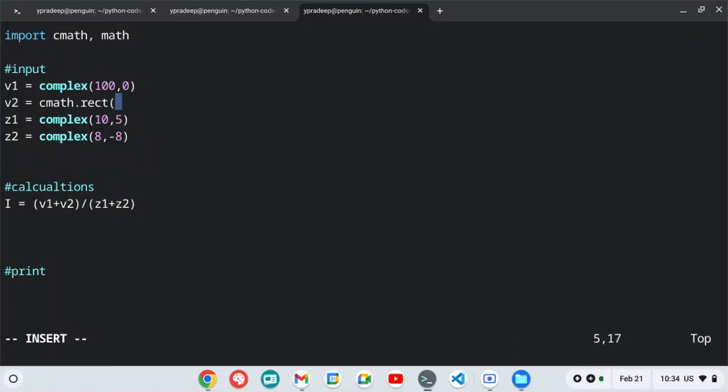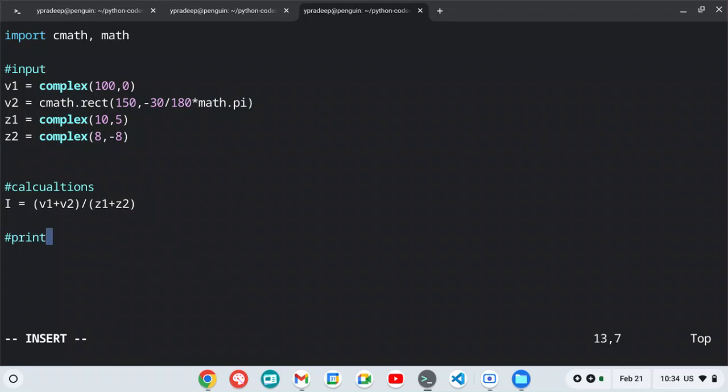This will give the rectangular value given the length and the phase. Minus 30 degrees divided by 180 multiplied by pi, math.pi. So the second element will be the angle converted into radians, and the first one is the length of it.